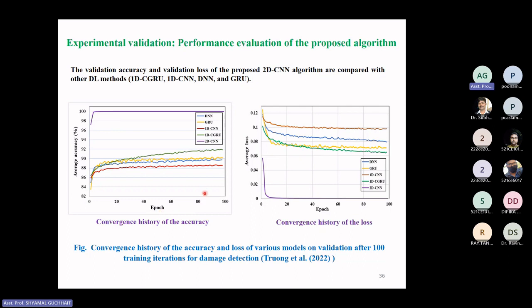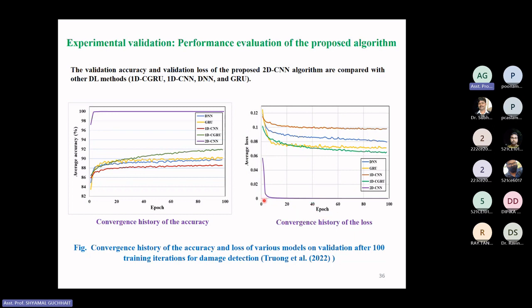But for other algorithms, even with 100 iterations, the accuracy comes to almost 90%. In the second figure, the right hand side figure, you can see the convergence history of the loss. The y-axis shows the average loss and the x-axis the epoch or iteration.